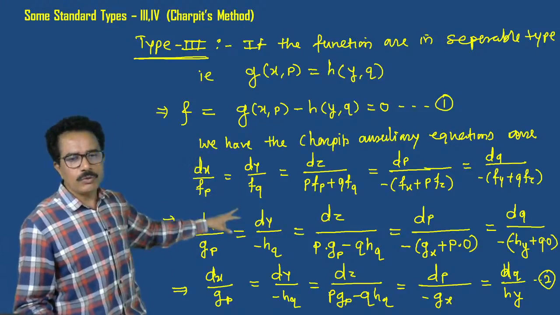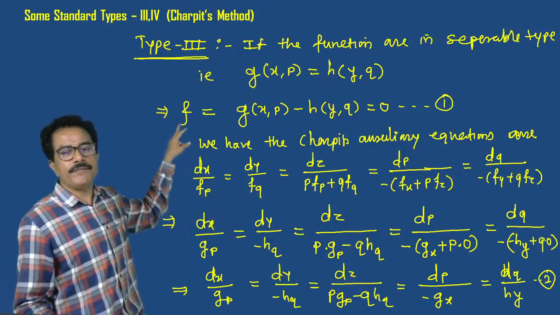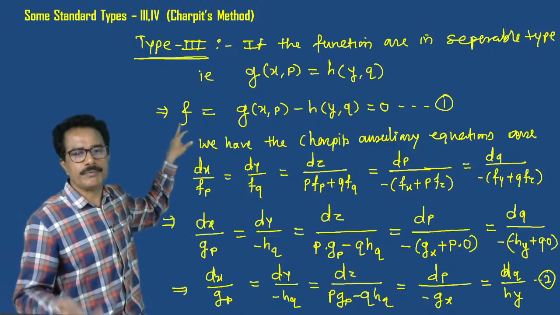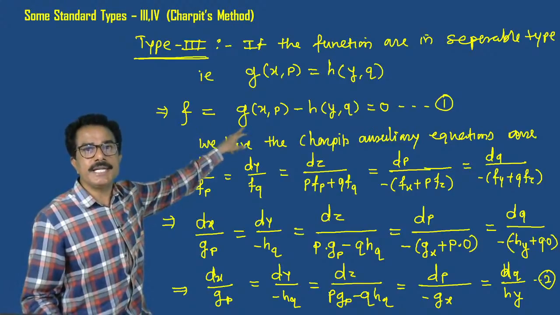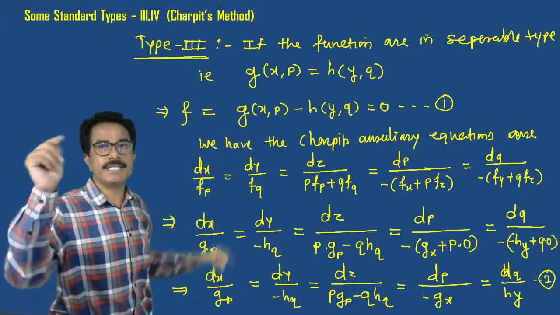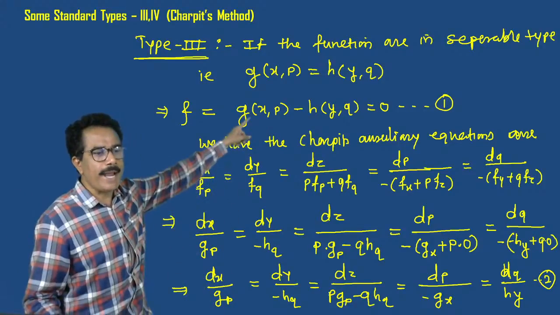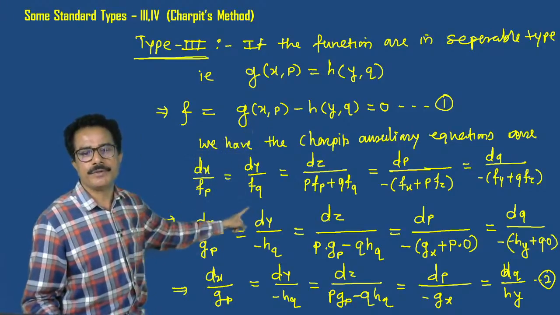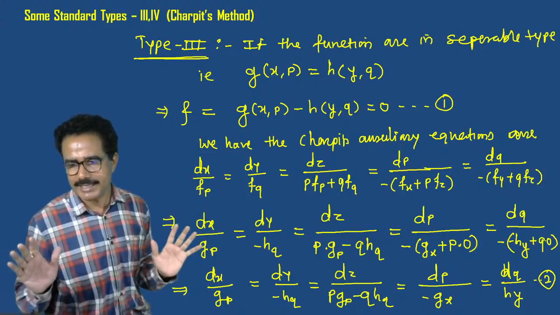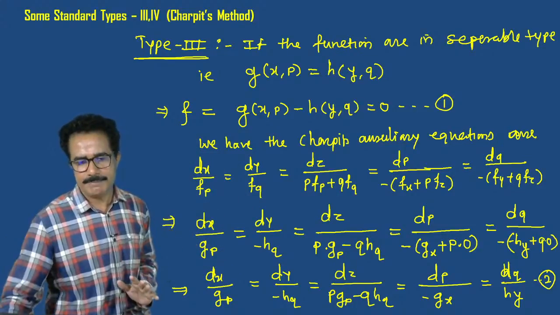Again we have to write fq, differentiating with respect to q. Q is not present in g, so it will be 0. Q is present in h, so minus hq. Fq means minus hq. Do you understand this? Anuradha Giri, did you understand?